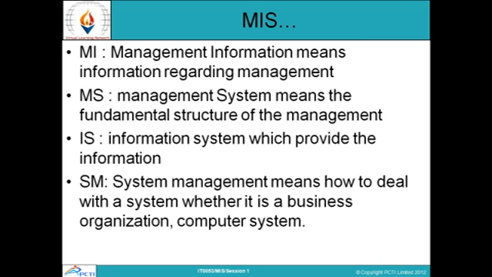IS stands for information system, which provides the information. Next term is SM, system management. It means how to deal with a system, whether it's a business organization or a computer system. It covers the behavior of the system also, to manage the system.